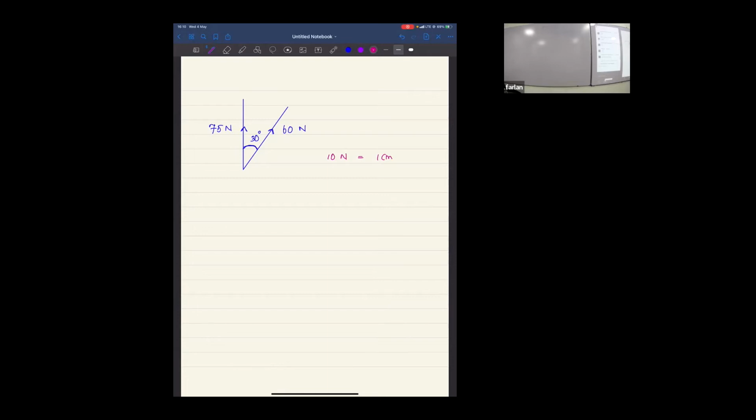The Resultant Force. What is this? No way. Good, good. Correct. Right.